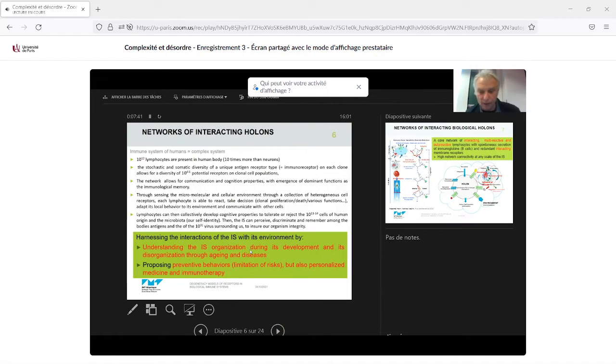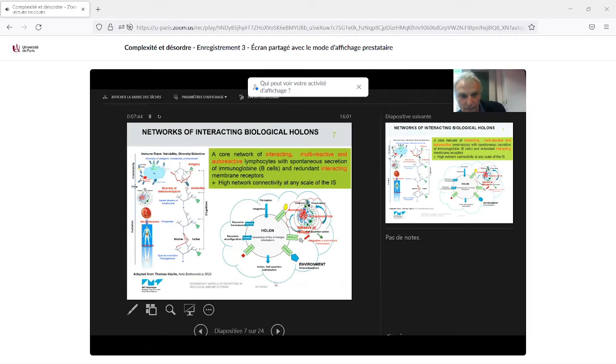And our starting point is the fact that if you scrutinize the immune system thoroughly, and I use the same pictures as Veronique, you come up with the idea that at each level, at each scale of the immune system, you face networks of interacting multi-reactive and autoreactive cells.